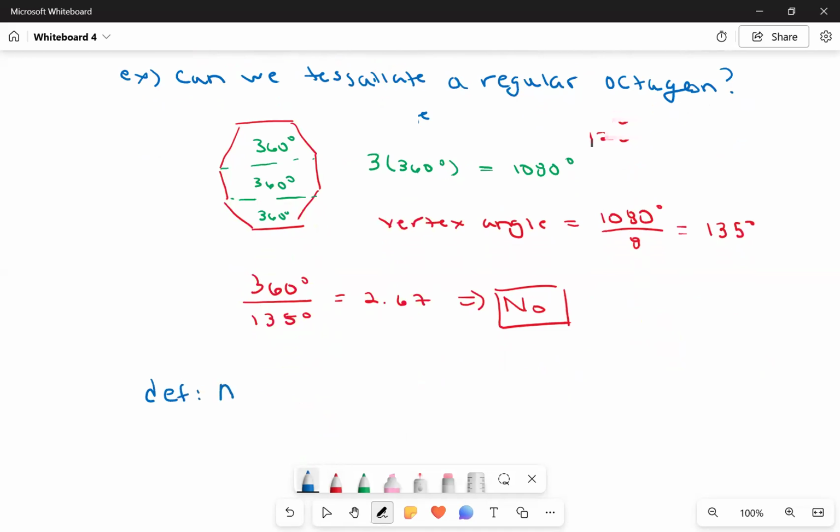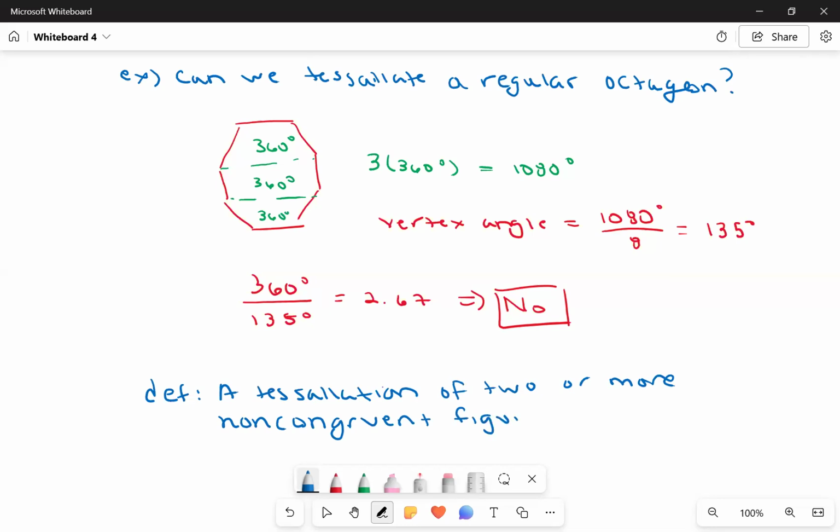A tessellation of 2 or more non-congruent regular polygons is called a semi-regular tessellation.